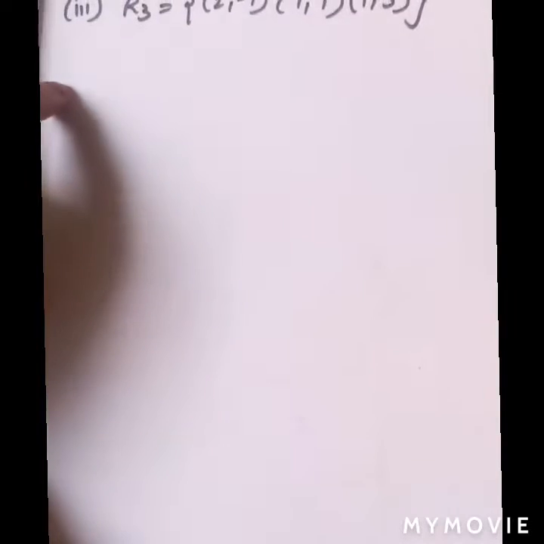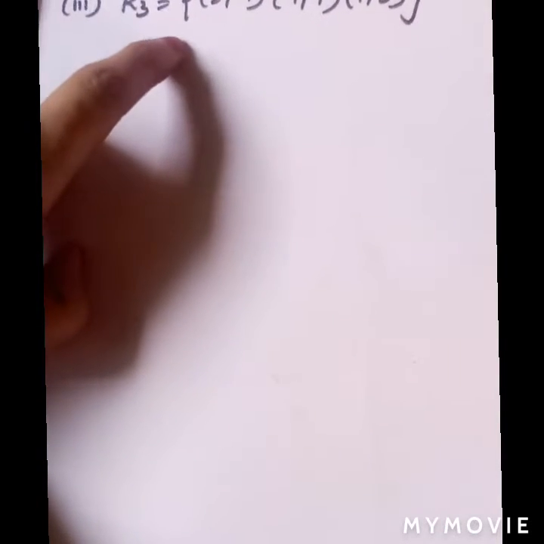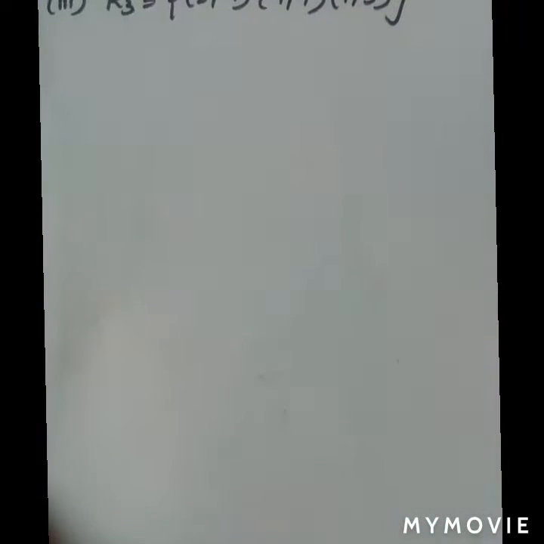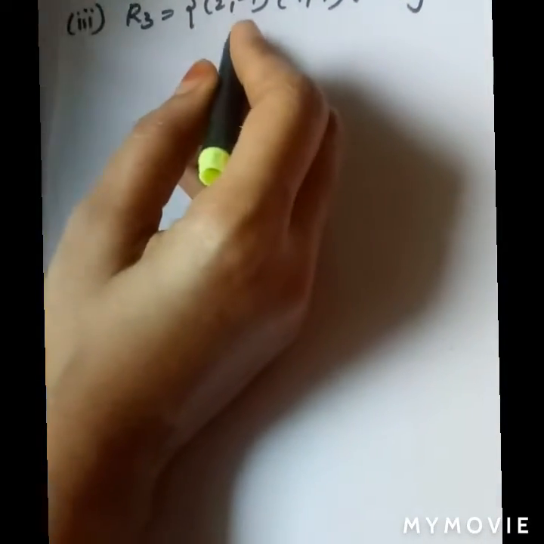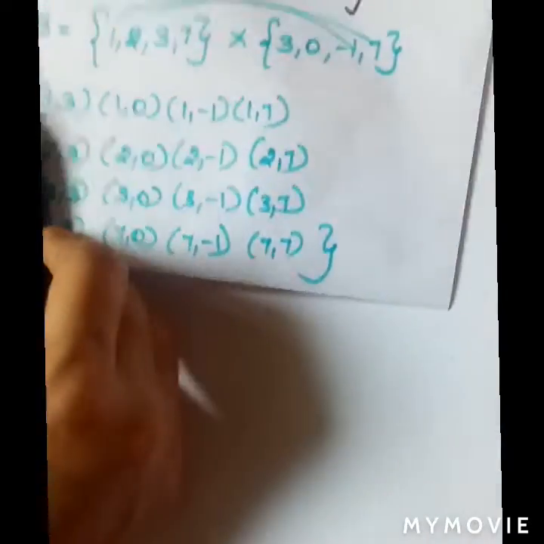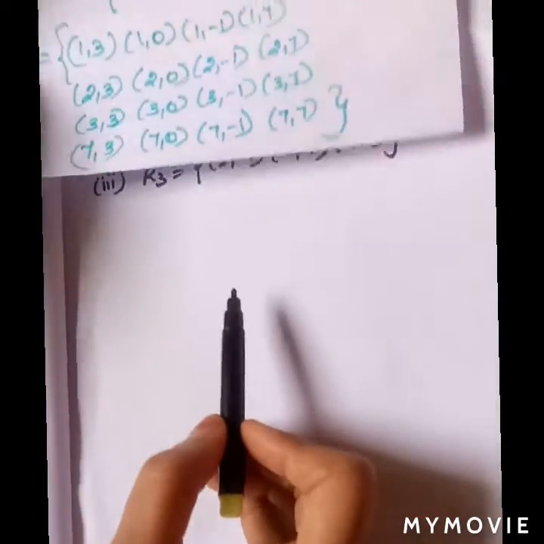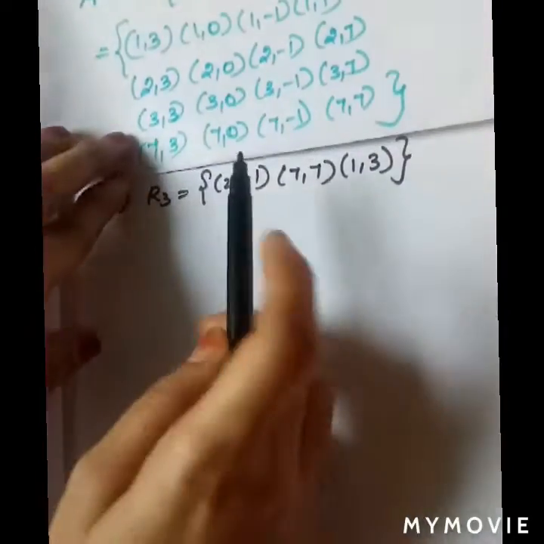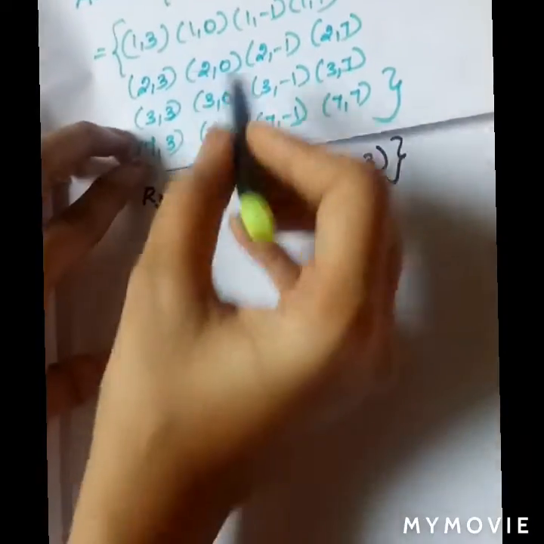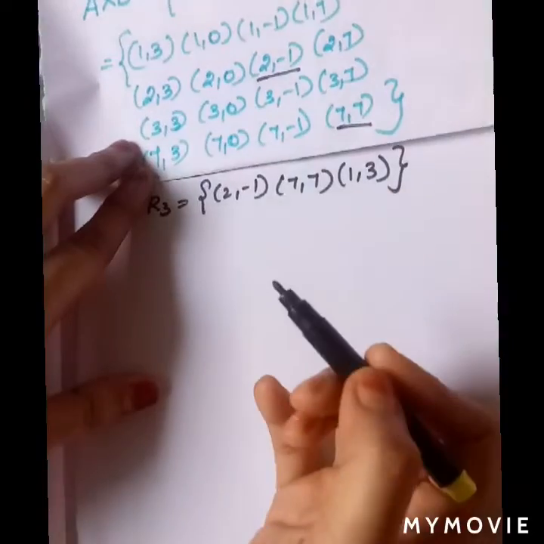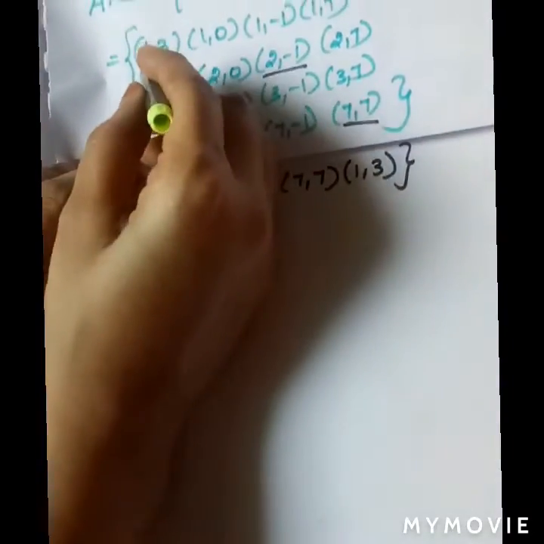Next, your third subdivision. R3 equals {(2, -1), (7, 7), (1, 3)}. Find whether it is a relation or not. Let us see. Already we have seen A cross B, already we know its value. Check whether all the terms are in A cross B: (2, -1), (7, 7), (1, 3).